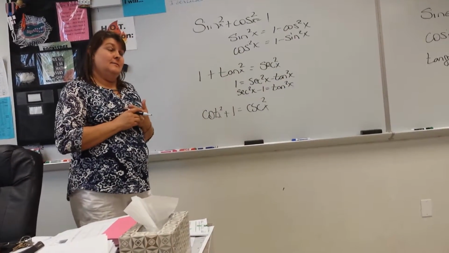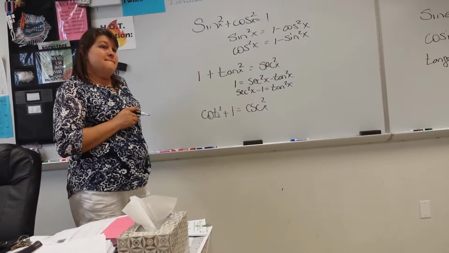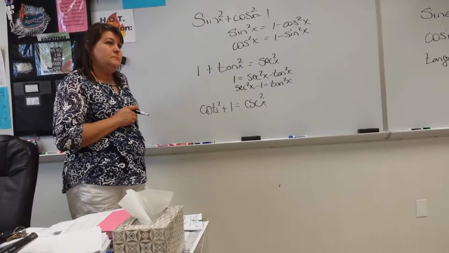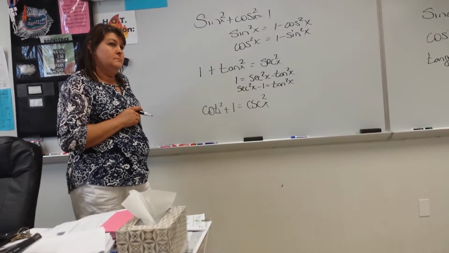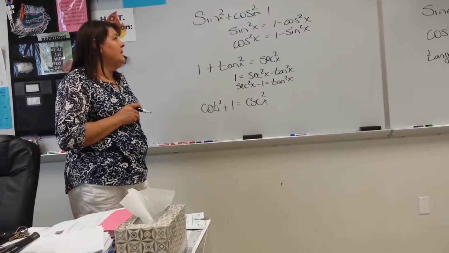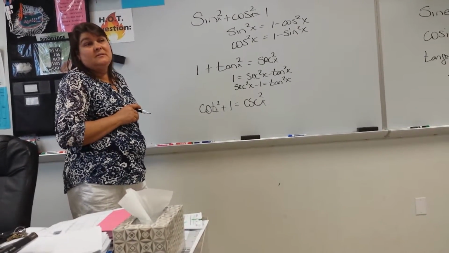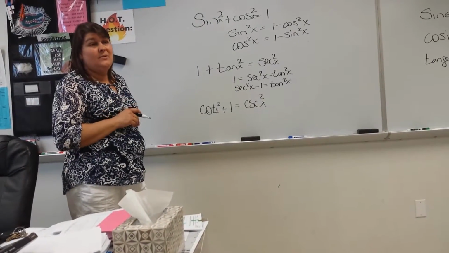Gotta recognize it. So, if you took everything on one side, does it equal 0? Could you use that in a problem? Yeah, sine squared plus cosine squared minus 1 equals 0, and you could use that. I wouldn't, because you zero something out.